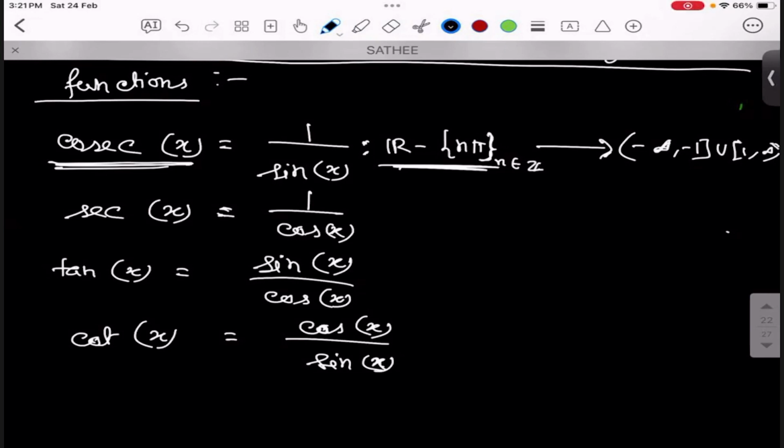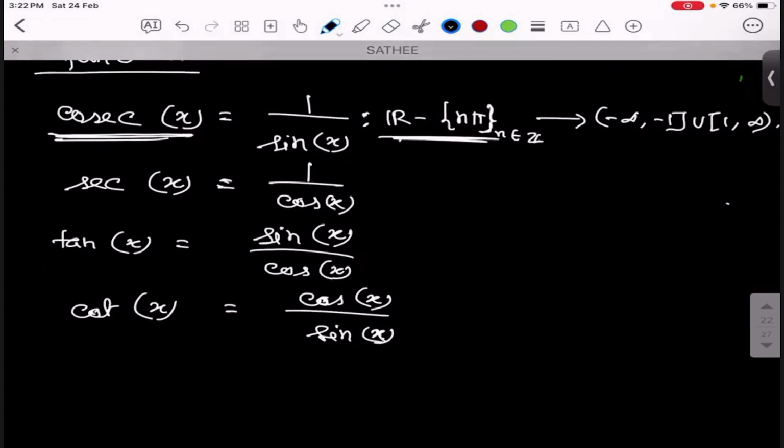This is the range of the function cosec x. I am rewriting it because we have space there. Minus infinity to minus 1, union 1 to infinity.